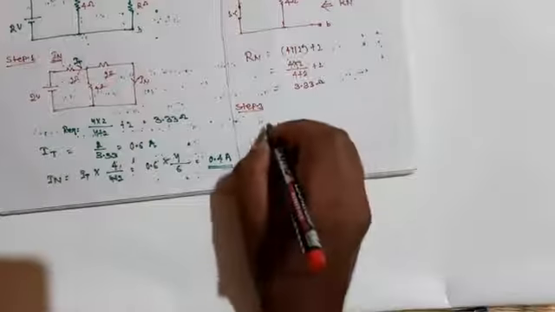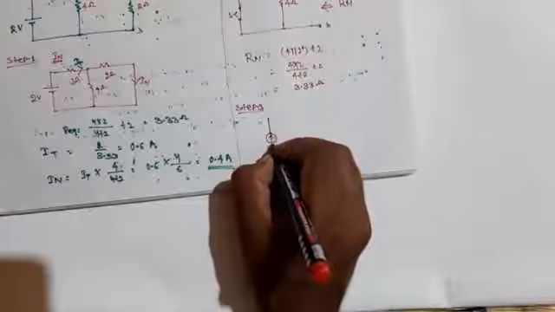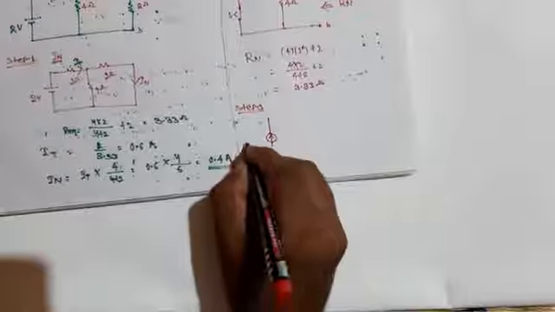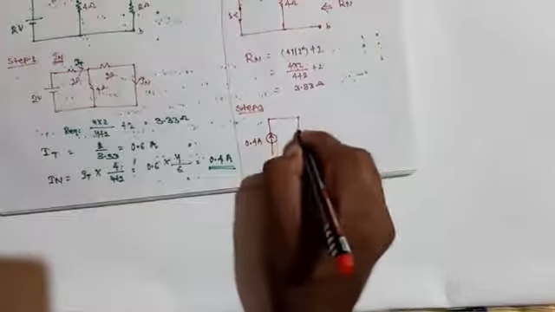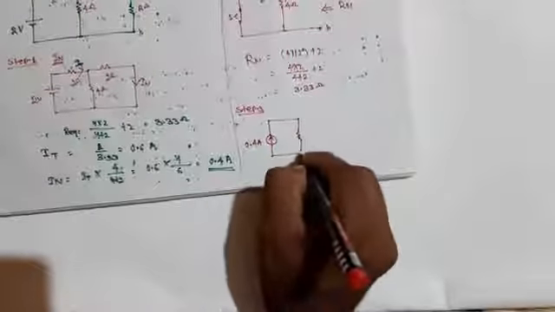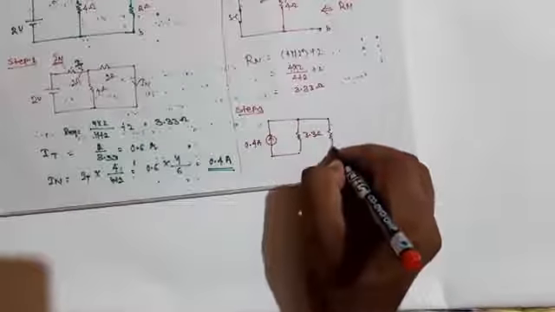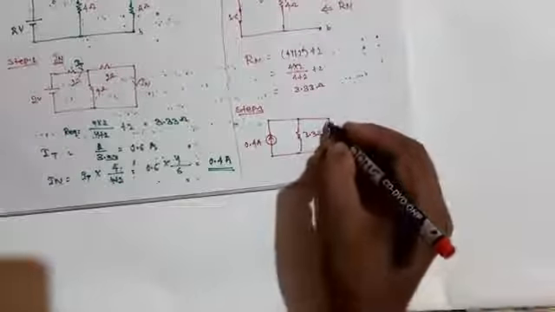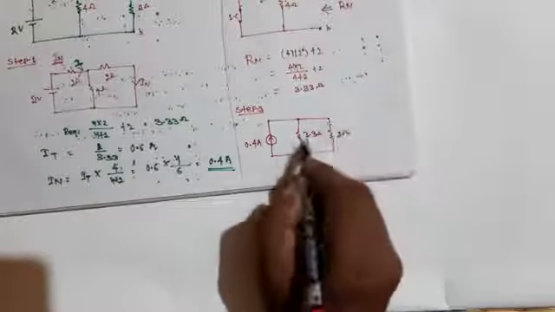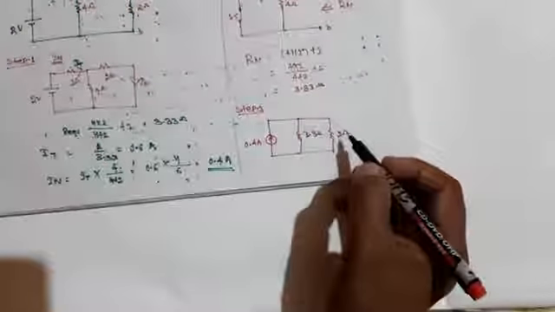This is one equivalent current source IN, equal to 0.4 ampere, and this resistance RN is 3.33 ohm, and the load resistance is 2 ohm. If you want to find the current, we apply current division, then we find the current in the 2 ohm.